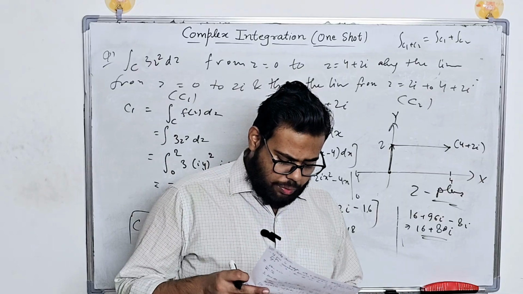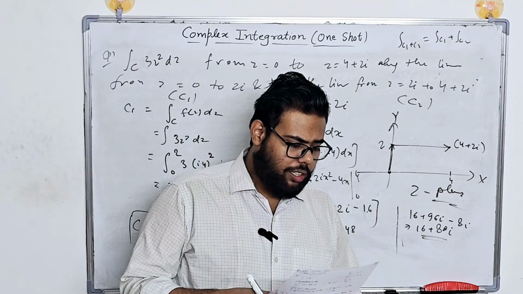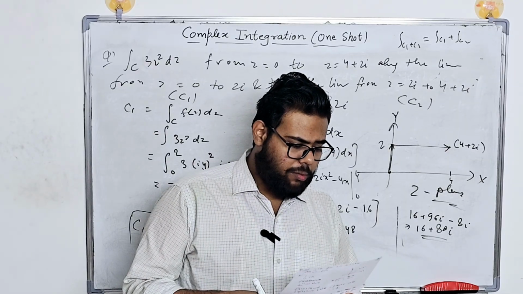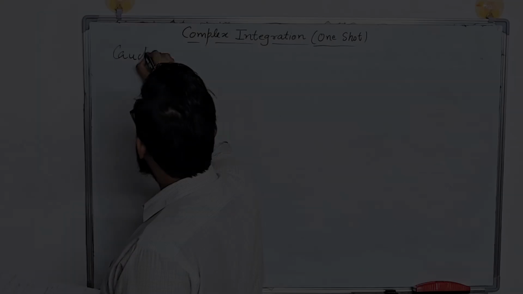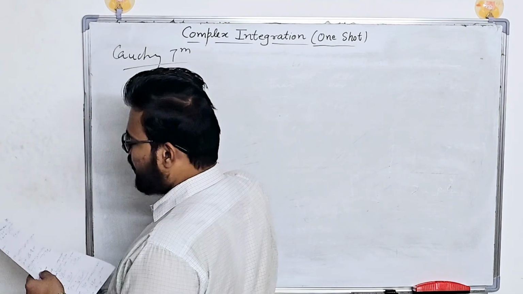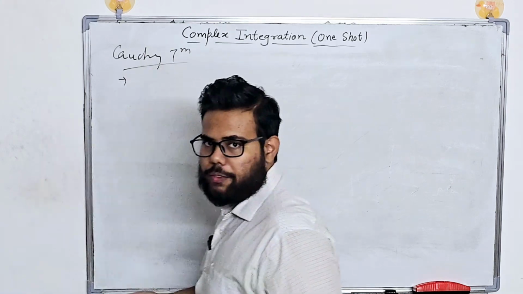Now let's move to some other concepts. That is, now we are going to move to Cauchy theorem, right? Now let's see Cauchy theorem. Okay? So let me write the statement first of all.